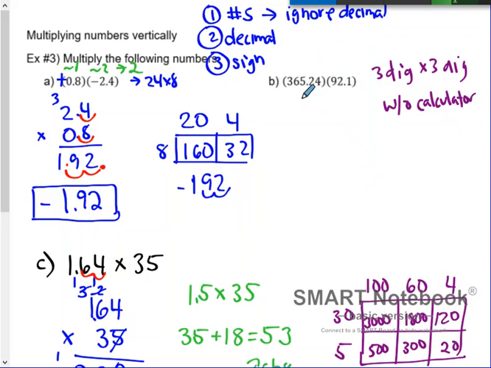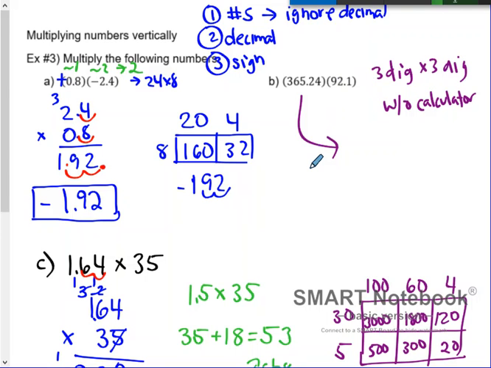But something like this, I will not be expecting you to do on your assignment. It's just there's so much room for error. You can do it without a calculator, absolutely, but I will not be expecting you to have to. So we will just do this in our calculator.